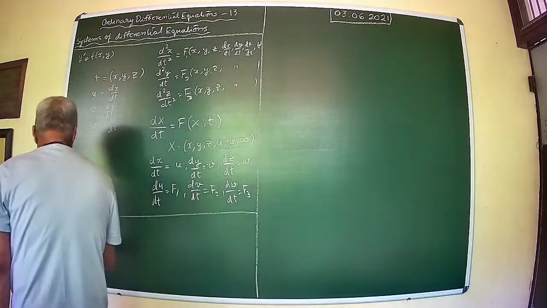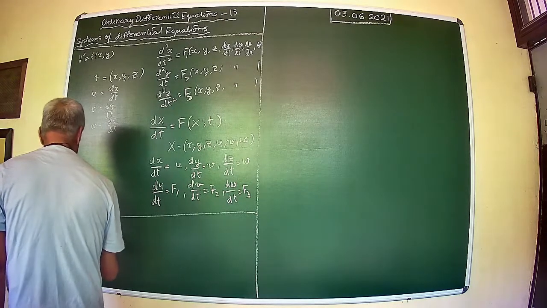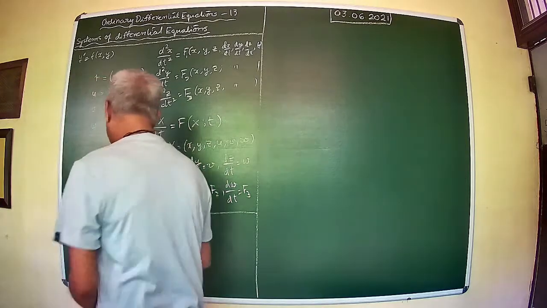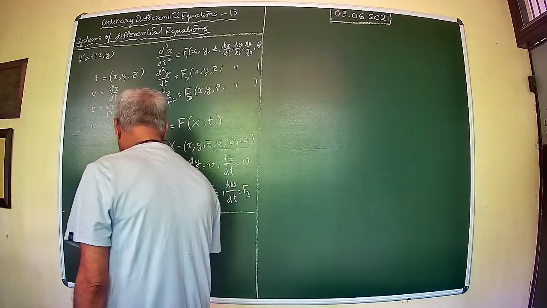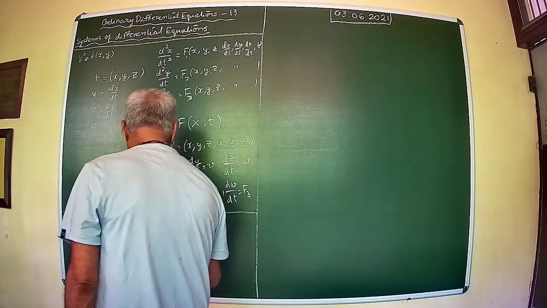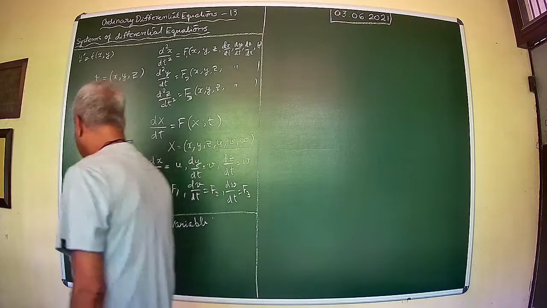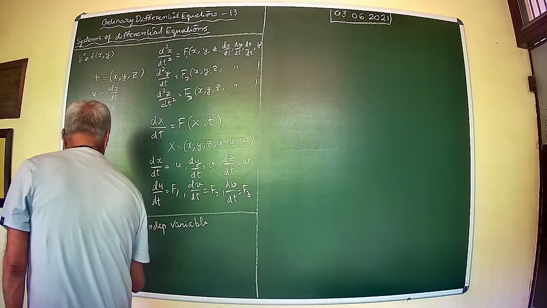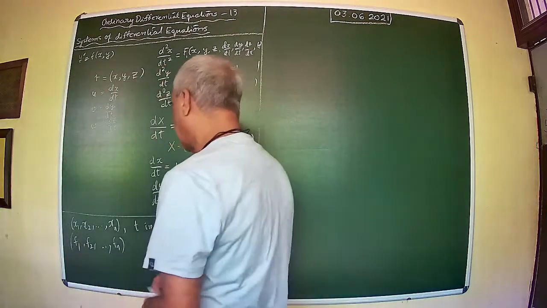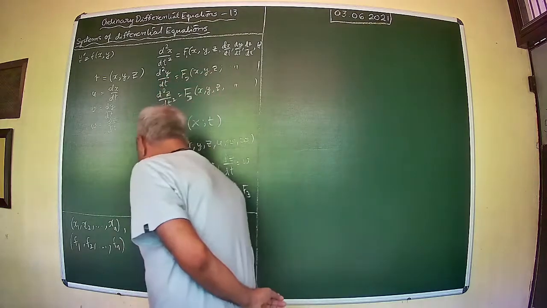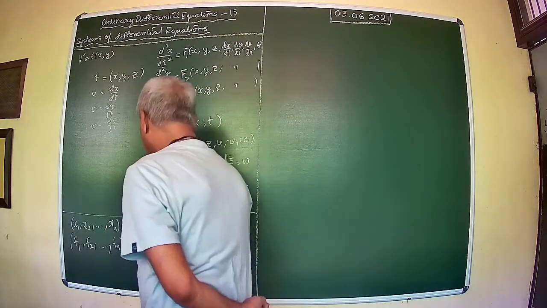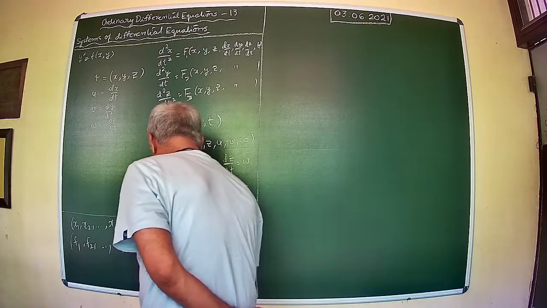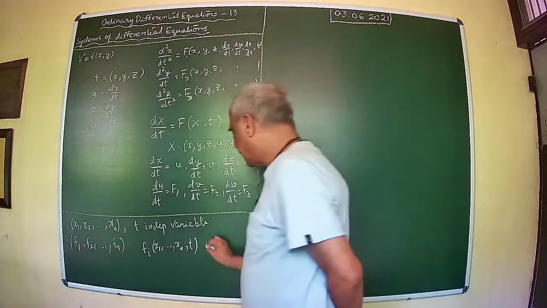So let us take x1, ..., xn as the dependent variables, t as the independent variable, and let f1, f2, ..., fn be n functions, each fi a function of x1, ..., xn and t, for i equal to 1 to n.